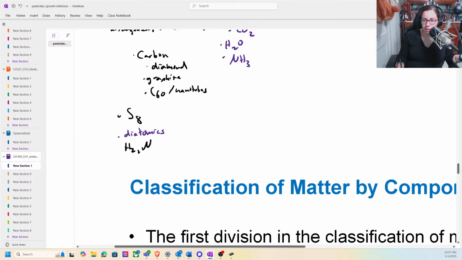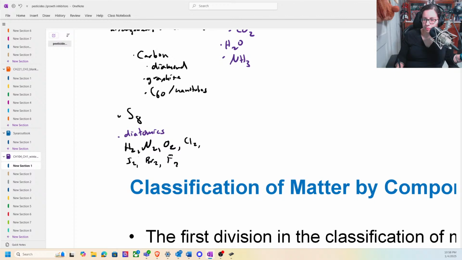So H2, N2 for nitrogen, oxygen, O2, chlorine, iodine, bromine. I'm missing one of them. Oh, fluorine. 7 diatomics.